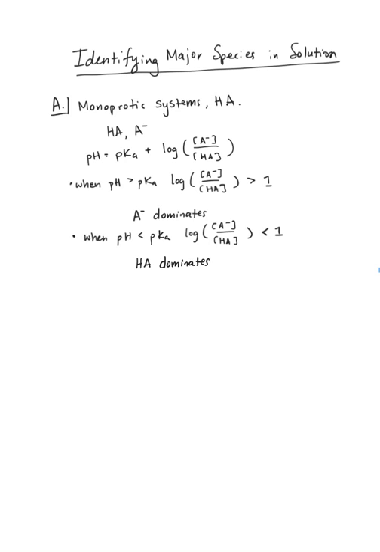We can summarize this visually if we draw out a system that looks like this, with boxes to represent major species for solutions. On one side of this box, I'll place HA. On the other side, A-.